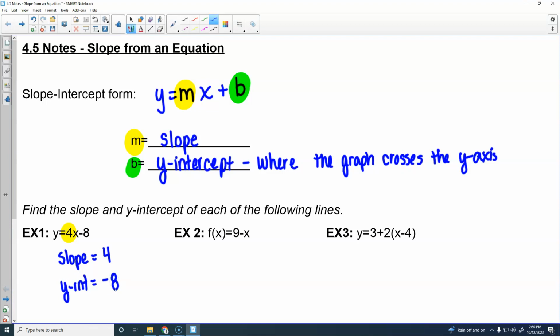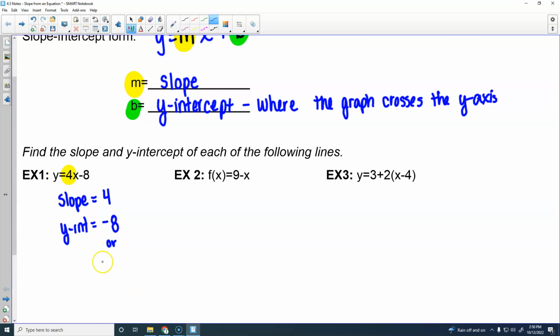Sometimes it is written like this, just -8. Sometimes it may be given as a coordinate, which would be (0, -8), because if you graph it, the x term will be 0, the y term will be -8. At a y-intercept, your x term is always 0. So we always have a 0 there.